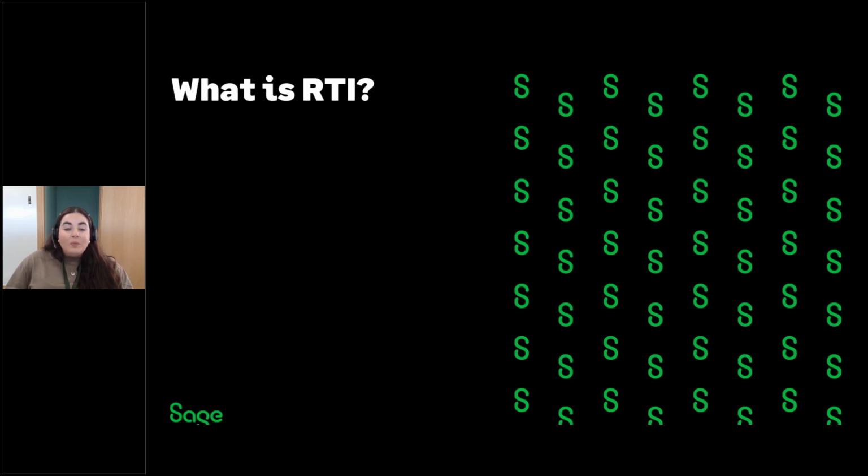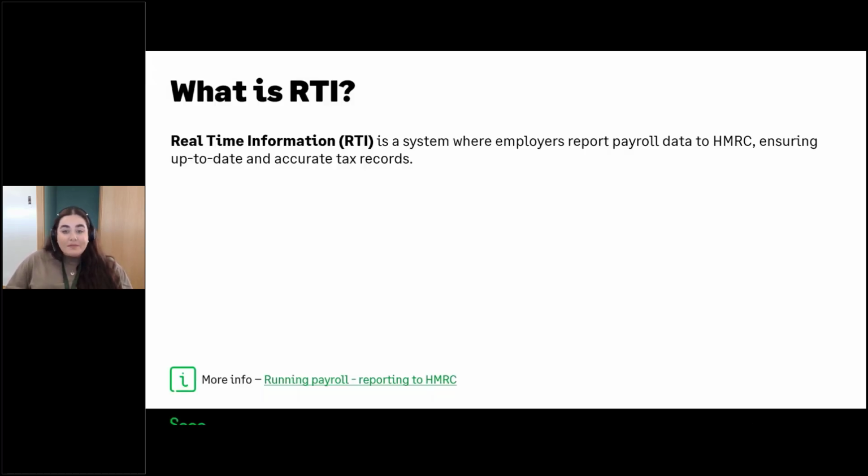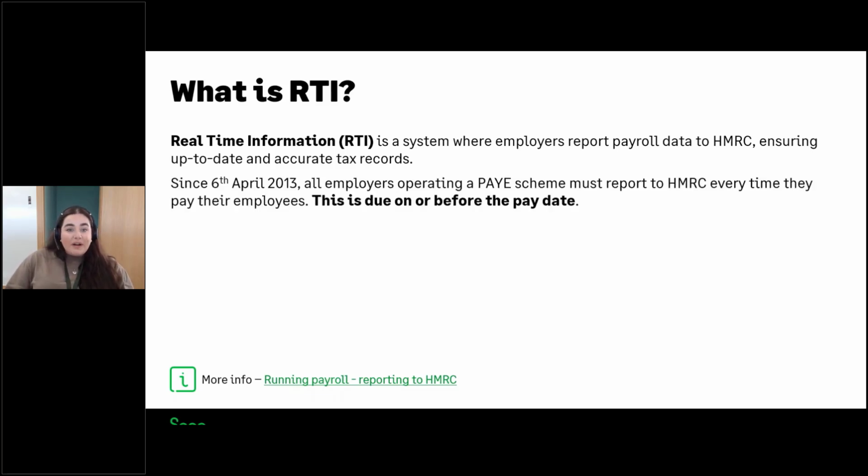But let's begin with that introduction to RTI then. RTI stands for Real-Time Information, and it's a system where employers report payroll data to HMRC, ensuring up-to-date and accurate tax records. It was introduced to employers operating a PAYE scheme in April 2013.